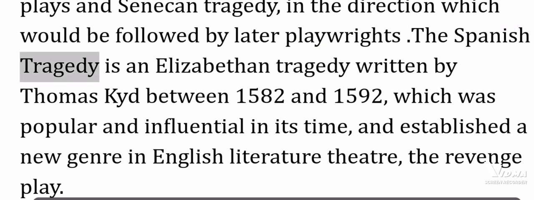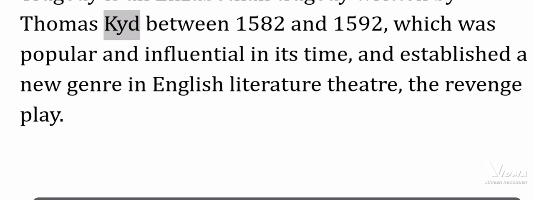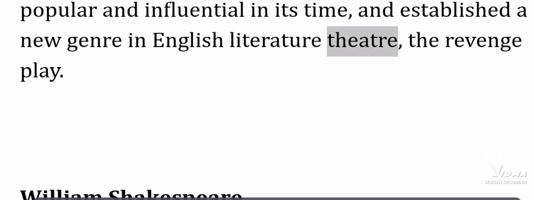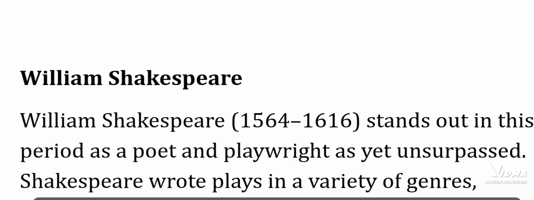The Spanish Tragedy is an Elizabethan tragedy written by Thomas Kyd between 1582 and 1592, which was popular and influential in its time, and established a new genre in English theatre, the revenge play.